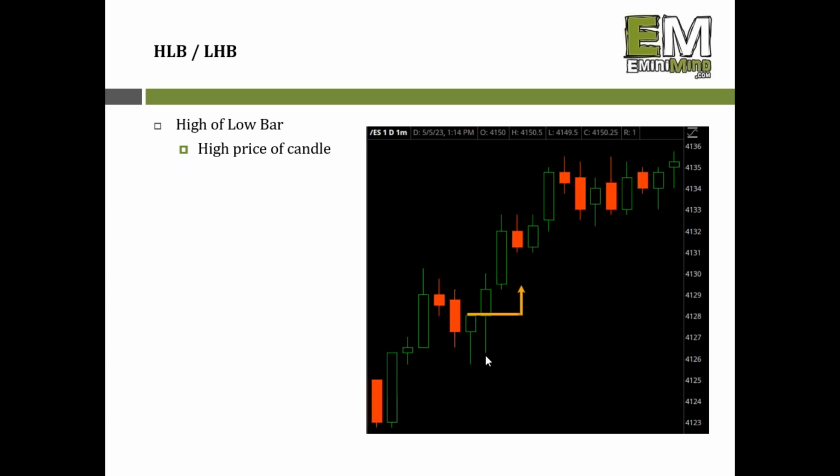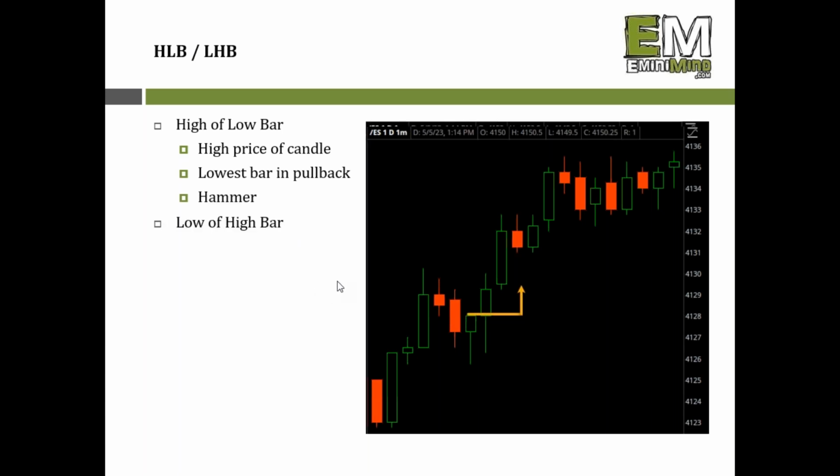And when you pair that with it being a hammer, then you have a strong chance of getting that quick pop and that reversal. So high of low bar, the highest price of the lowest candle in the pullback, and then you can kind of guess with the low of high bar, it's just the other way around, the lowest price of the highest bar in the pullback. And there we'd be looking for an inverted hammer. And I've got some more examples of that here as we go.